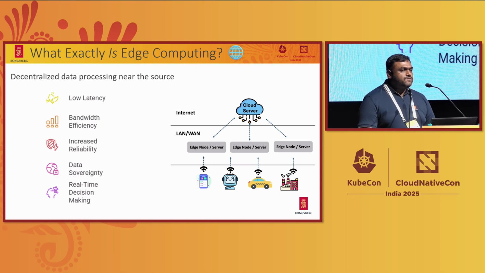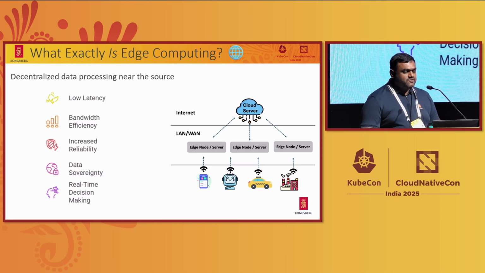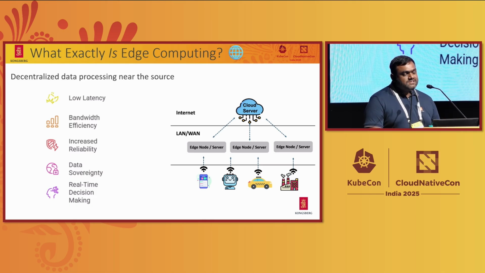The advantage of using edge compute over cloud compute is that it is very near to the source, so it has a low latency network and bandwidth efficiency. You can have a cabled connection or other means where the data can be streamed really fast, which gives you reliability of transport and data sovereignty. Sometimes you do not want to send the data to the cloud, yet you want to process some data and get insight from it.